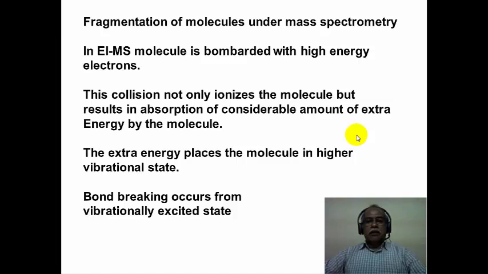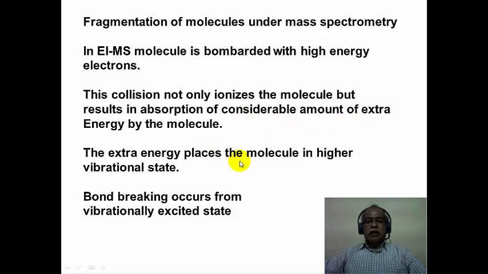In electron impact ionization mass spectrometry, the molecular ion typically undergoes fragmentation, which is a very valuable thing in structure elucidation problems. In electron impact ionization, the molecule is bombarded with high energy electrons. This collision not only ionizes the molecule, but it results in the absorption of a considerable amount of extra energy by the molecule.